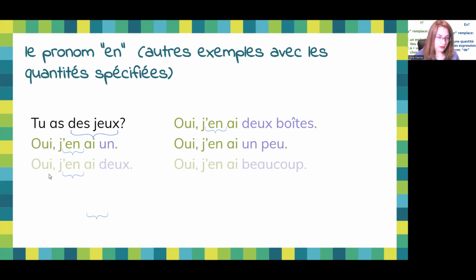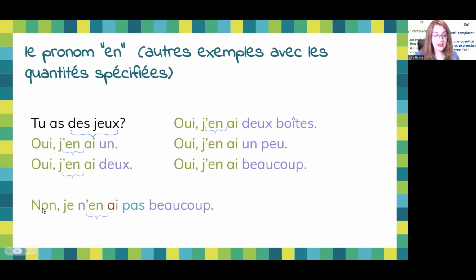Oui, j'en ai deux. Yes, I have two of them. Or, oui, j'en ai beaucoup. For the negation, la forme négative, non, je n'en ai pas beaucoup. Look how I color-coded the sentence, because notice that the expression of quantity stays at the end. And here, the en is placed before the conjugated verb. Et le ne pas is also placed around the conjugated verb.